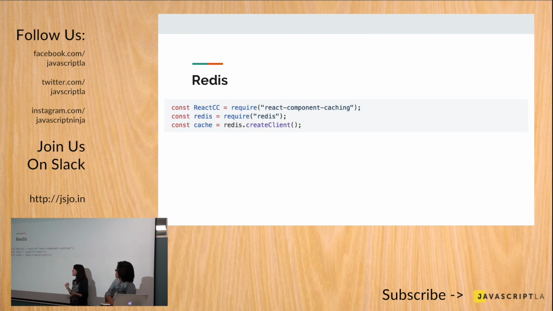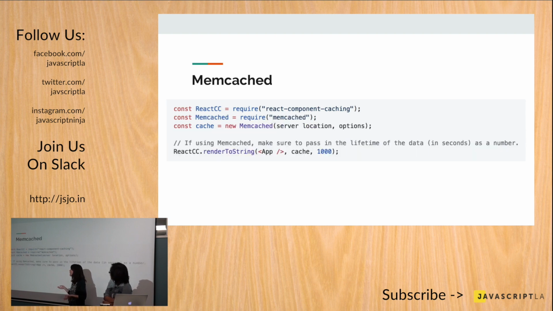But if you want to get a little fancy, you can also use Redis to store your HTML. All you need to do is use the Redis node client. You're creating a client and using that as your cache and then passing that into the rendering method. And thirdly, it has the word cache in its name, so why not use memcached as well?